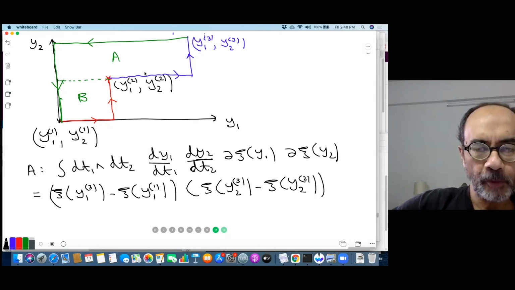The y2 moves from 2 to 3, this spans from 2 to 3, and the y1 spans all the way from 1 to 3.